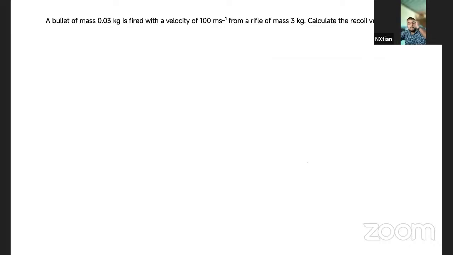Okay. So a bullet of mass is fired with this velocity from the rifle. Calculate the recoil velocity. Now, what do you mean by recoil? Recoil velocity is when you fire a gun, then you get some backward force, which is called recoil velocity. If you make a diagram, for example, this is a gun.